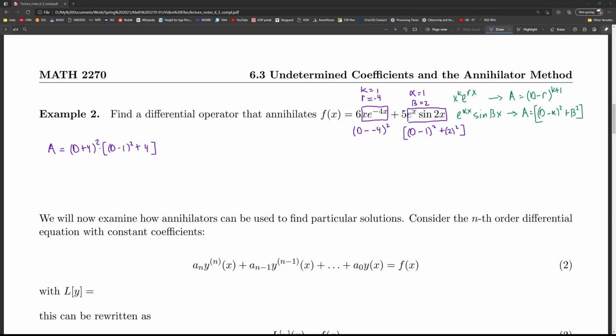So we will now examine how annihilators can be used to find particular solutions.